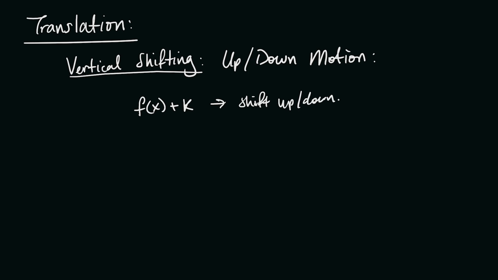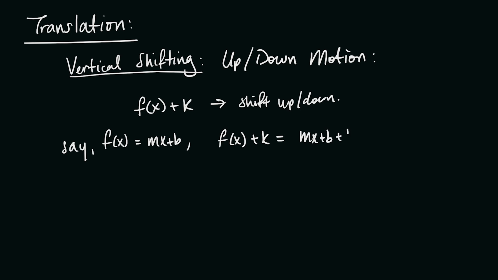Because it's just the value added to the original y-intercept, right? So let's say that f of x is equal to mx plus b. Then f of x plus k is just going to be equal to mx plus b plus k.